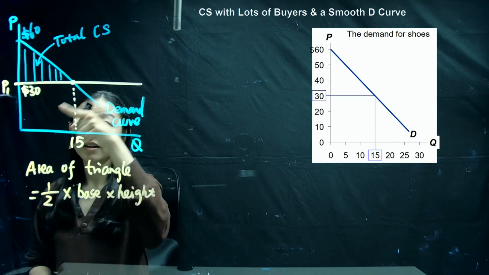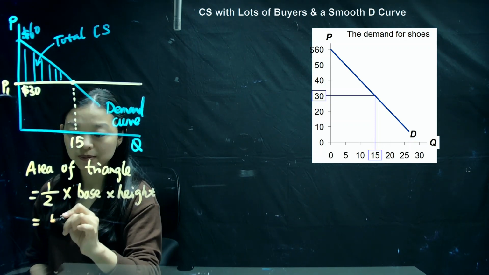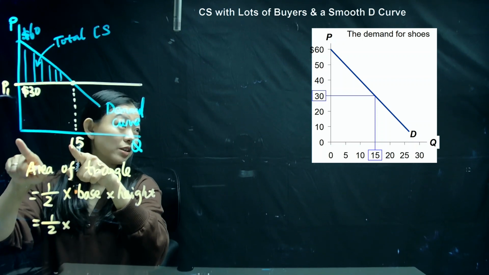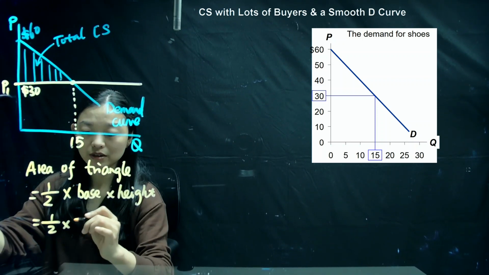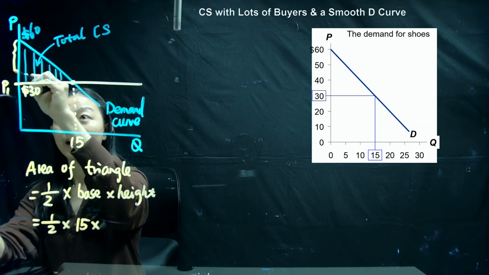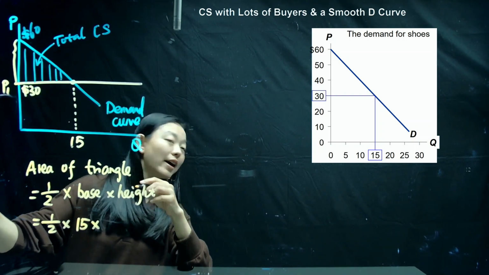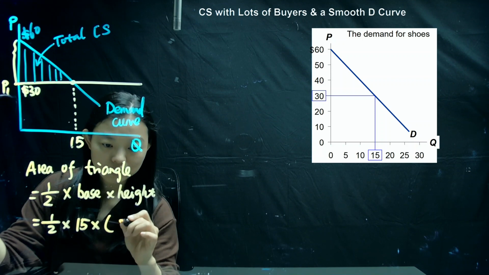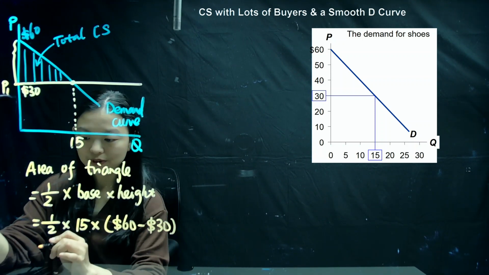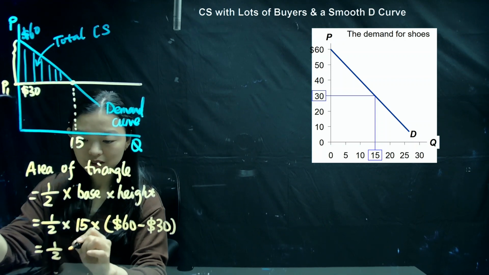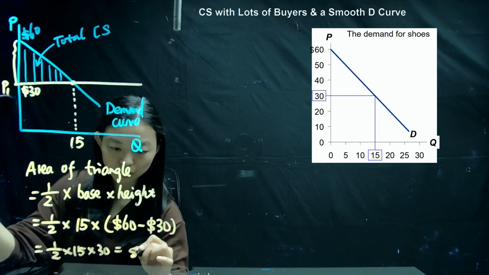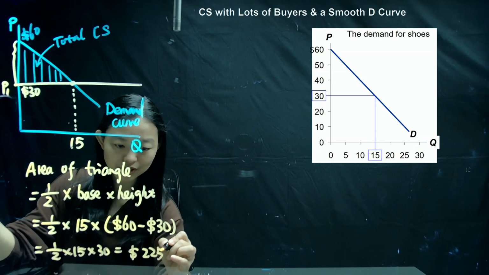In this case, can you tell me what's the base? The base will be 15. And then what about the height? This is the height, right? The height will equal $60 subtract $30. So finally we'll have half times 15 times 30, which will equal $225.